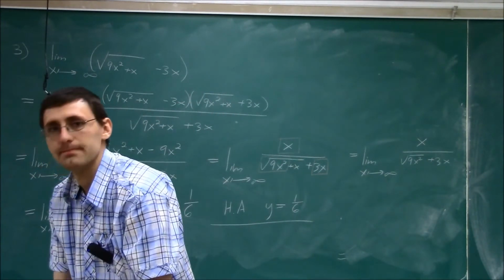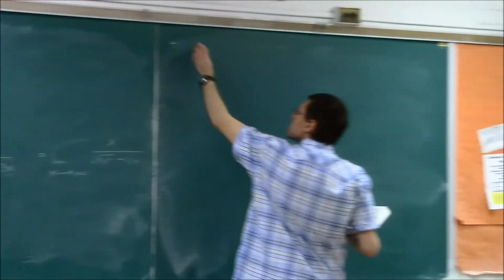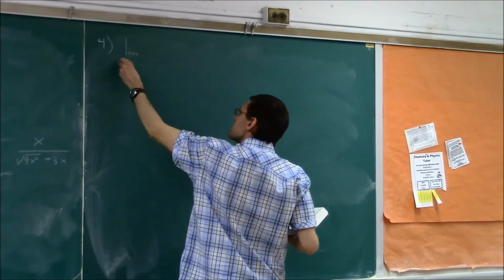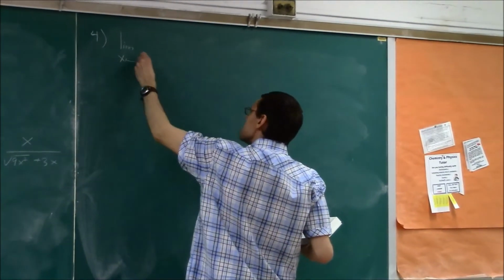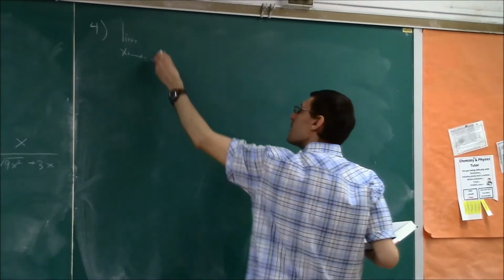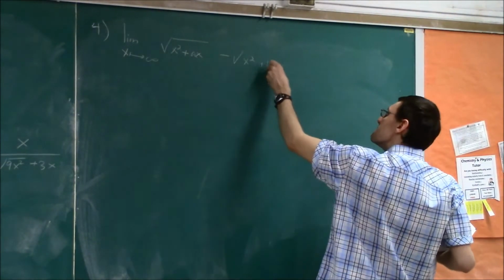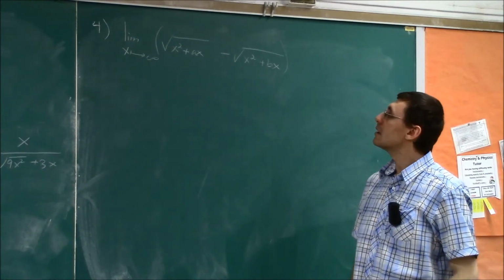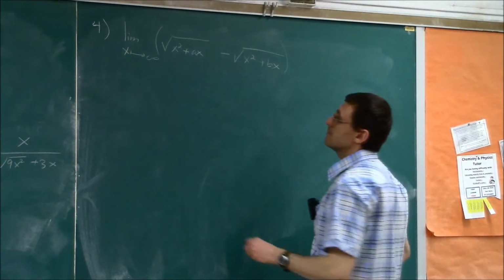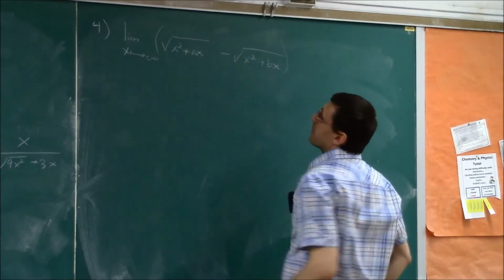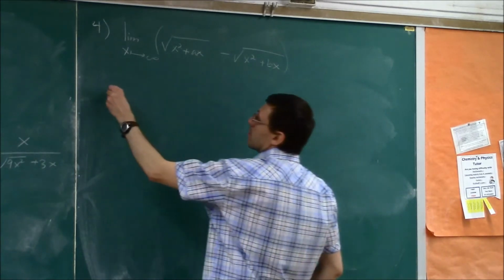One more example. We now consider the final example. Again, we have a difference of roots. It's best to complete the square.